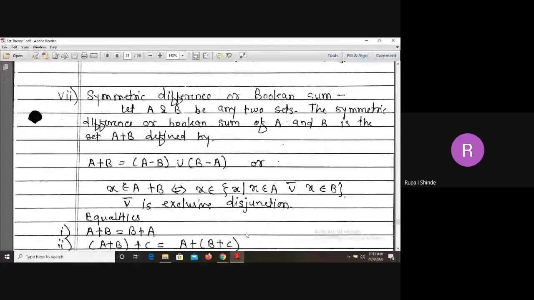So first of all, take down the definition for Boolean sum, then we will check the equalities.